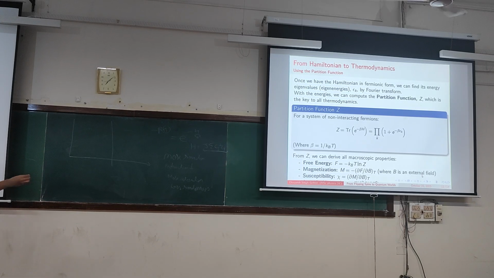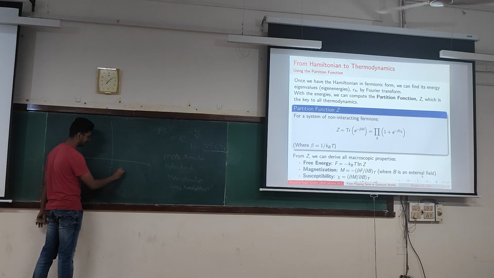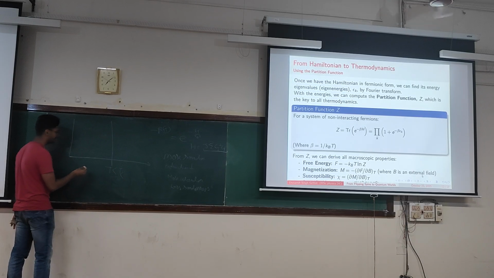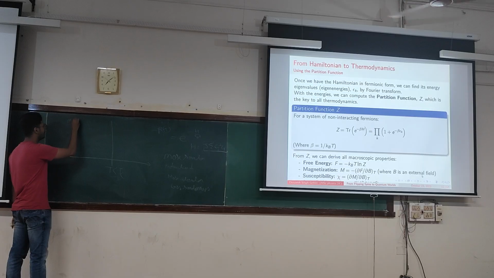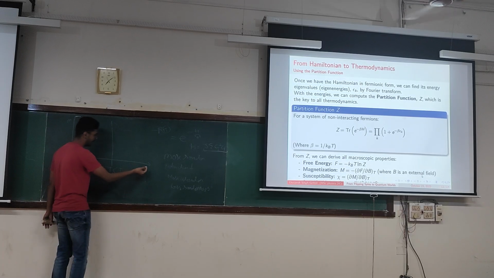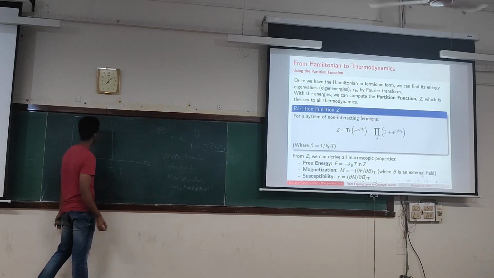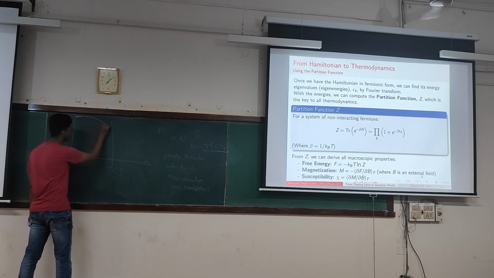When the temperature is lower than this critical temperature, you will see much more magnetism, and when the temperature is higher than the critical temperature, you will see much less magnetism. So it goes basically something like this.